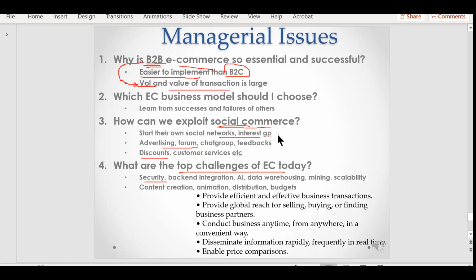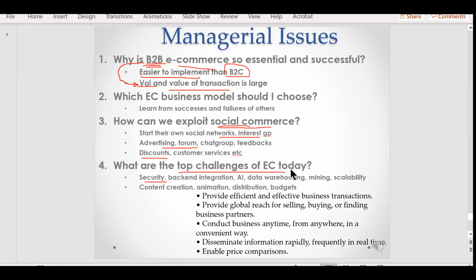So in most businesses right now, they will have some form of social network groups, interest groups, hobby groups, chat groups, etc. And they use that as a source to get feedback, as well as to push promotions or their latest product, or even to test out their new products. So that's why we need to exploit social commerce.